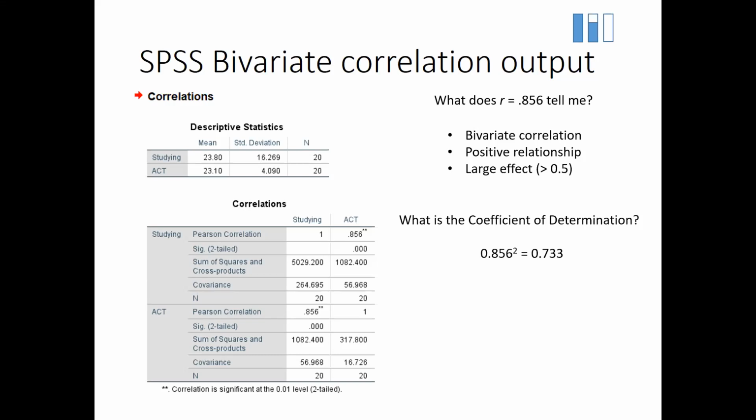What I mean by coefficient of determination is when we square the R value, squaring the R value gives us an estimate of the amount of variation within this analysis.